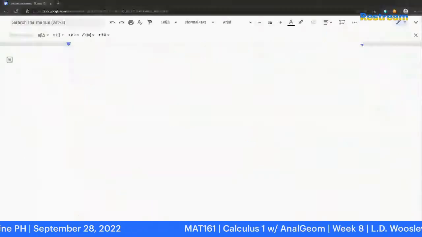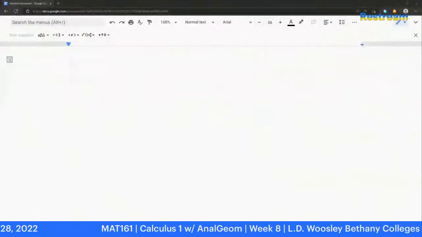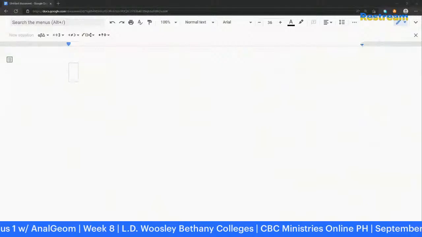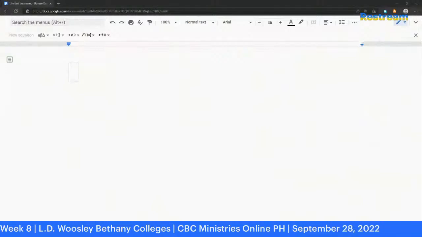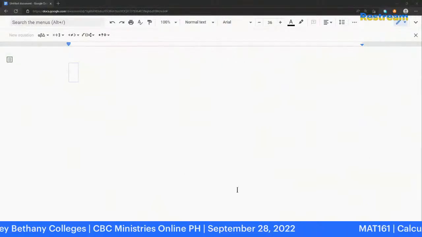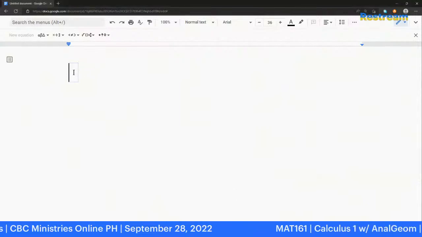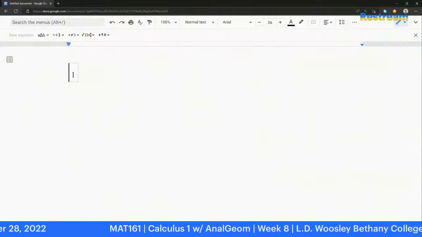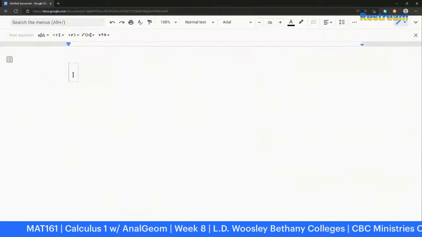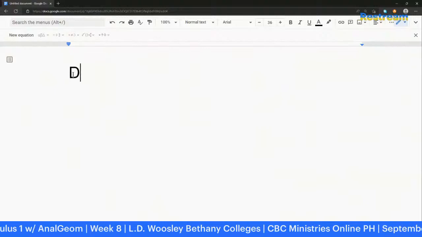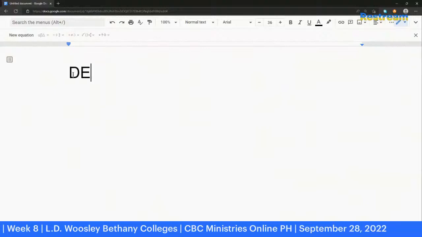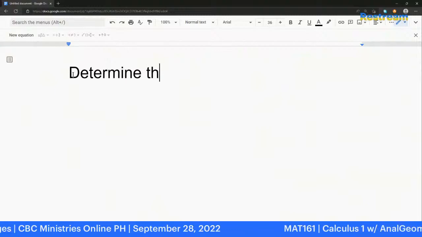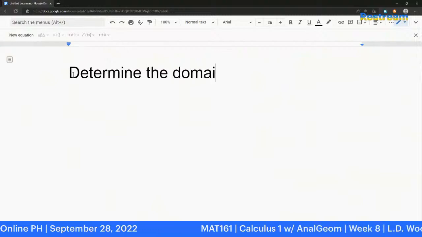So far, I'll try our Google Forms. You know what our Google Forms has? There is an integrated equation editor. So I'll try to make use of our Google Form instead. So the instruction here is to determine the domain. Determine the domain. Ay, kita nyo ba?